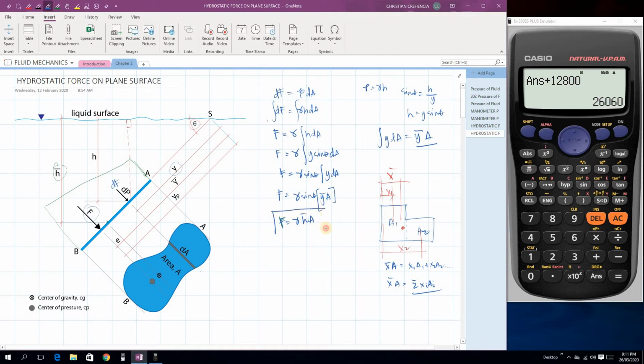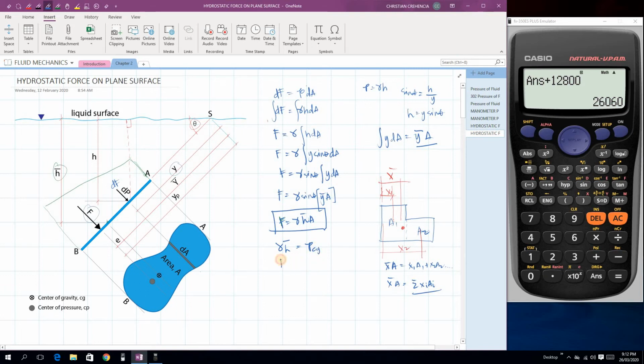So, yun yung formula natin para sa hydrostatic force. So, yung unit weight times h bar, so that is simply yung pressure sa may center of gravity.